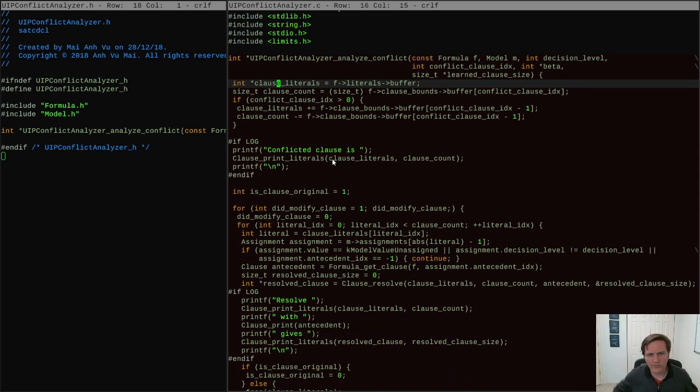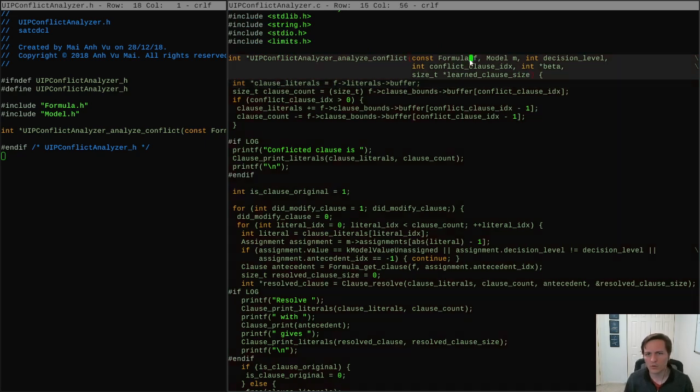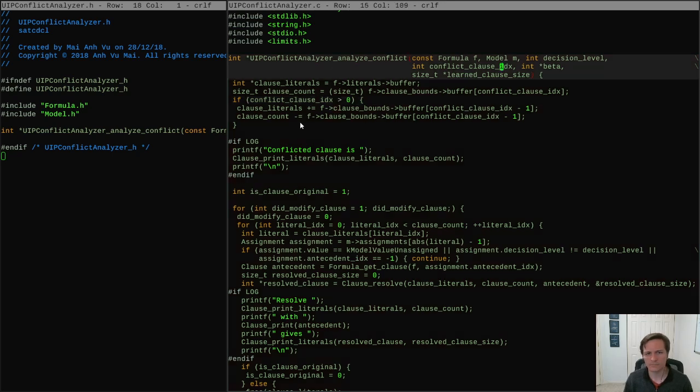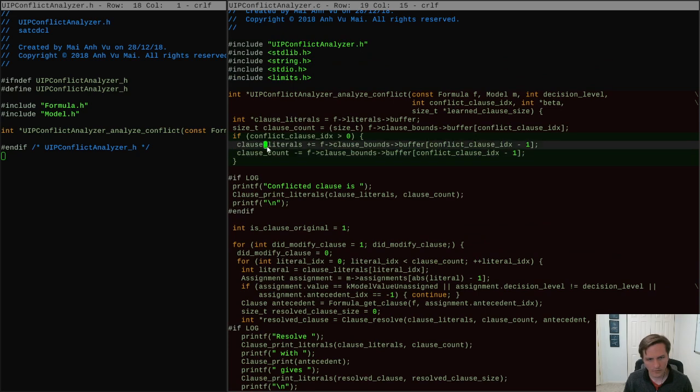So we look at the buffer of literals from the formula, and how many clauses we have. If the clause index is greater than 0, okay, so we are trying to pull out the clause of the conflict.